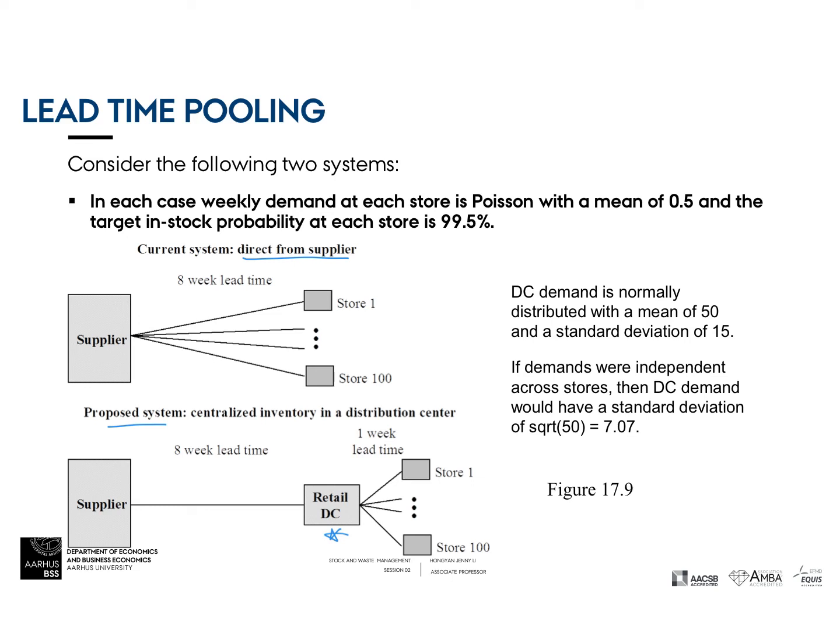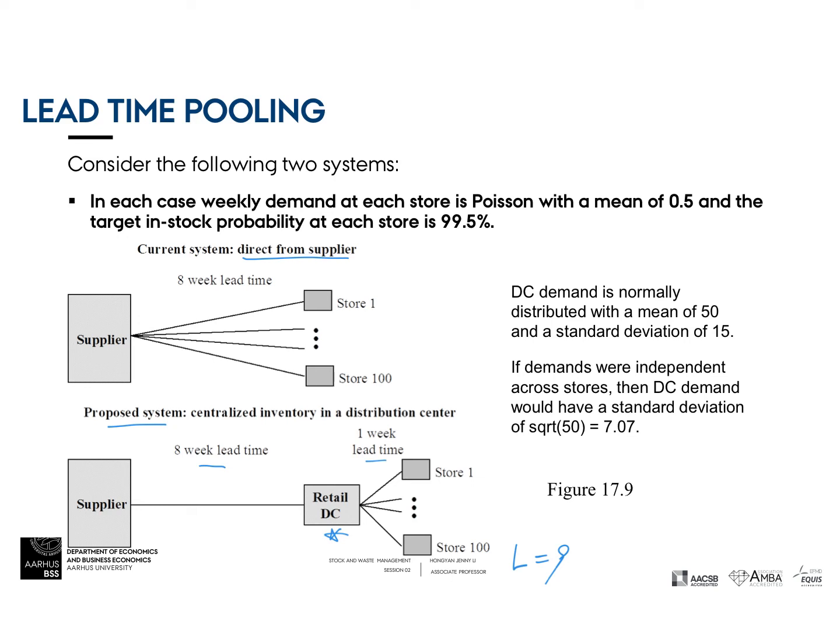They add one distribution center, and the lead time between the retailer distribution center and the stores is 1 week. The lead time from supplier to the retailer distribution center remains the same, 8 weeks. So now the difference is that in the proposed system you have a lead time of 9 weeks from supplier to your individual stores.